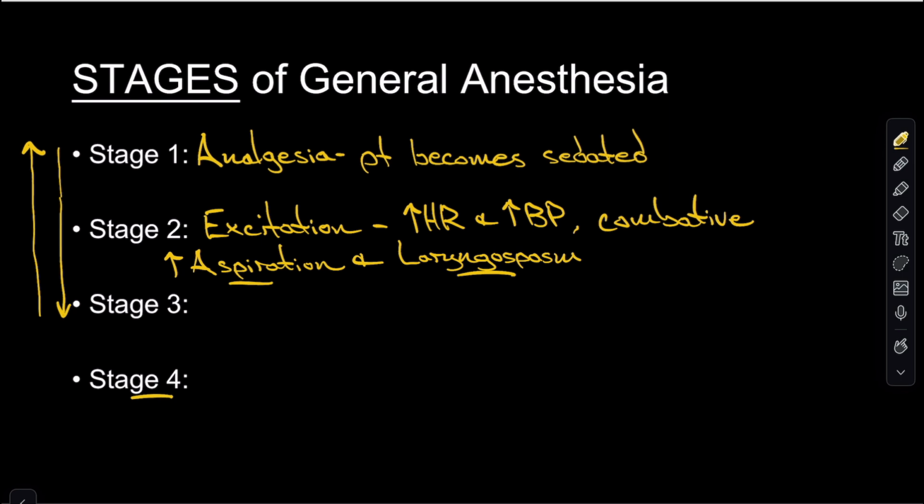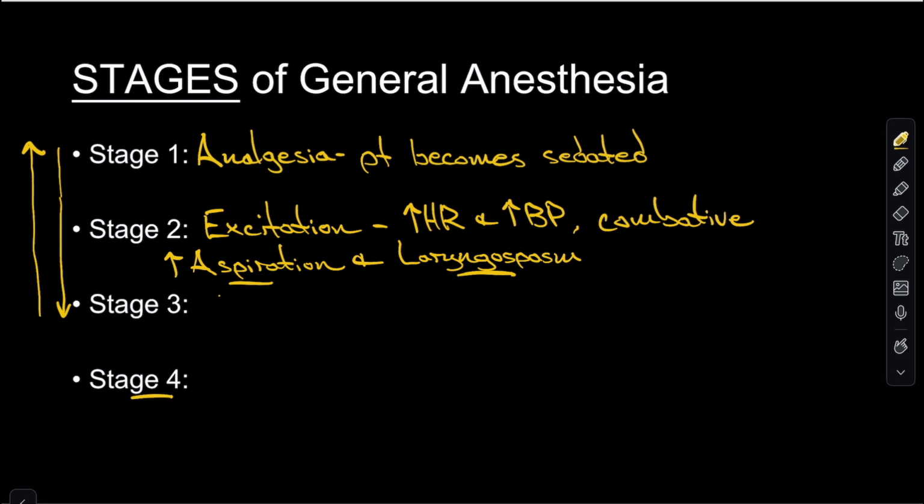So even placing a tourniquet around a kid's arm while they're in stage 2 could trigger a laryngospasm. So just being really careful to let the patient go through stage 2 calmly without any sort of stimuli would be best and safest practice.